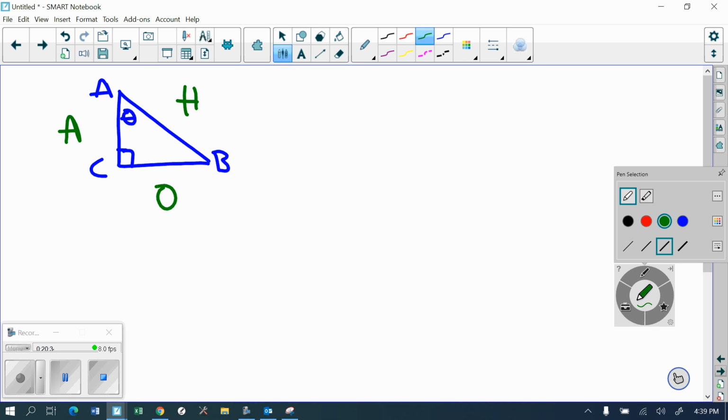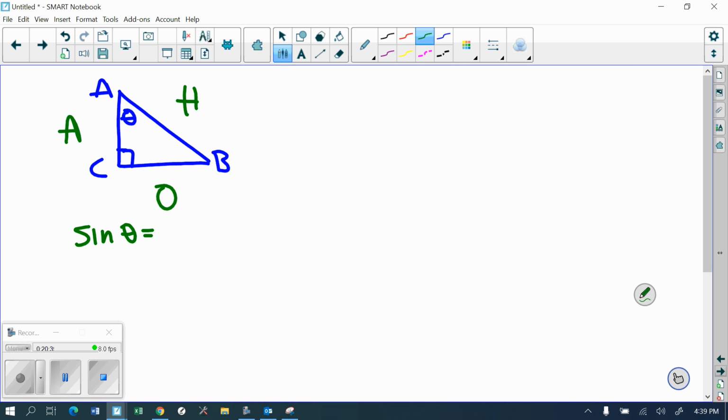So if I do sine of theta, that'd be the opposite, which is segment or length BC over the hypotenuse AB. Because I don't have numbers, I have to just use the length of the side itself. What's another trig function that will also give me BC over AB?